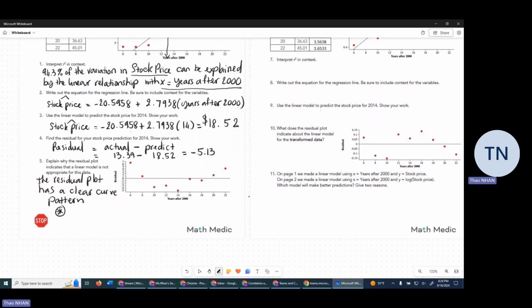So remember that looking at the R is not enough to determine linearity.